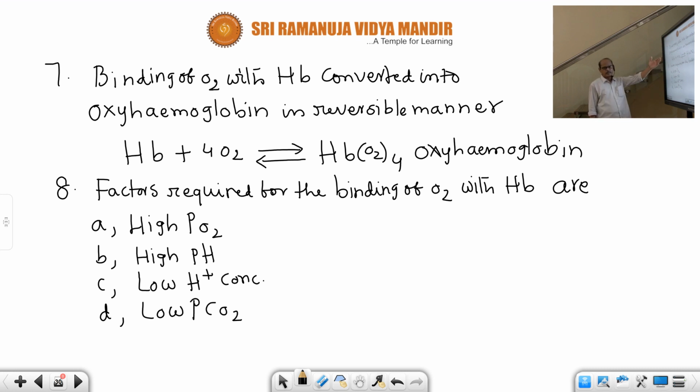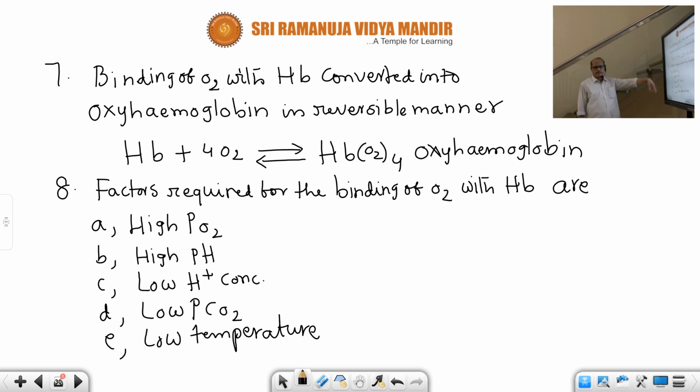Before, in the diagram, you have seen in the alveolar air, what is the PO2? 104 mm mercury. PCO2 40 mm mercury, because low PCO2. When the PCO2 is lesser, automatically temperature is reduced. When the CO2 increases, temperature increases. When the CO2 decreases, temperature decreases. Low PCO2, hence temperature is low. So these are the factors essential for the association of O2 with hemoglobin.